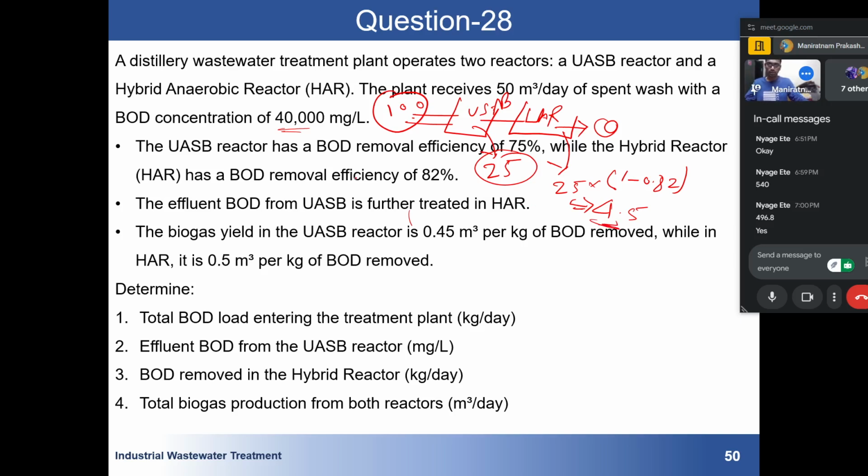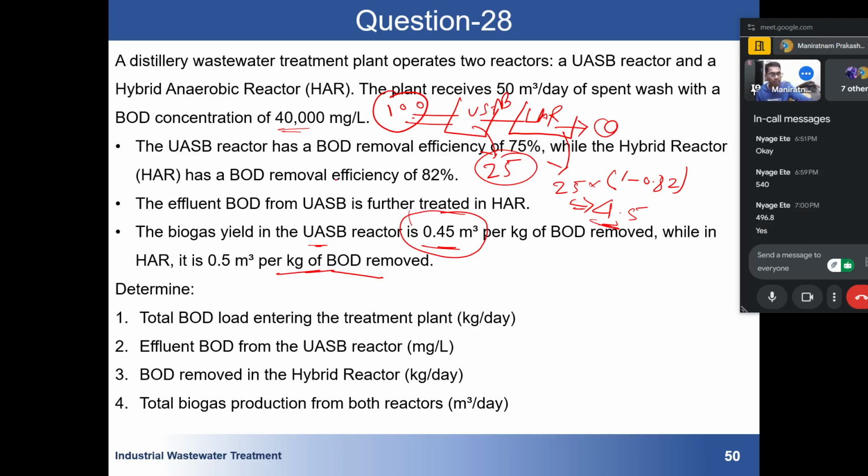The effluent is further treated. The biogas yield in the UASB reactor is this much meter cube per kg of BOD removed, while in HAR it is 0.5 meter cube per kg of BOD removed. In a normal anaerobic reactor, generally it is 0.35, but as here it says 0.45, we have to use this data only.